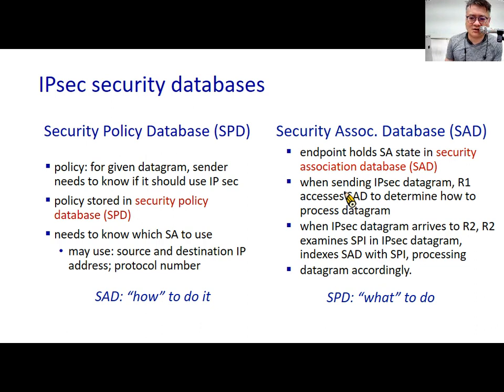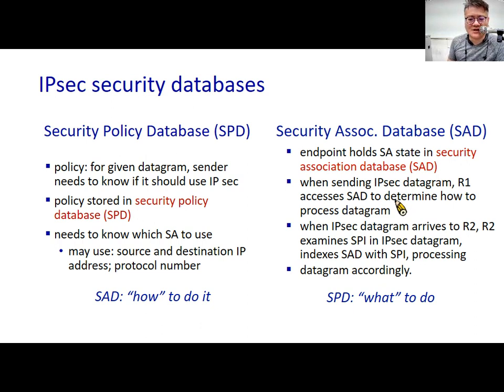So the endpoint holds the SA state in the security association database, the SAD. Then when sending an IPsec datagram, R1 accesses the SAD to determine how to process the datagram.